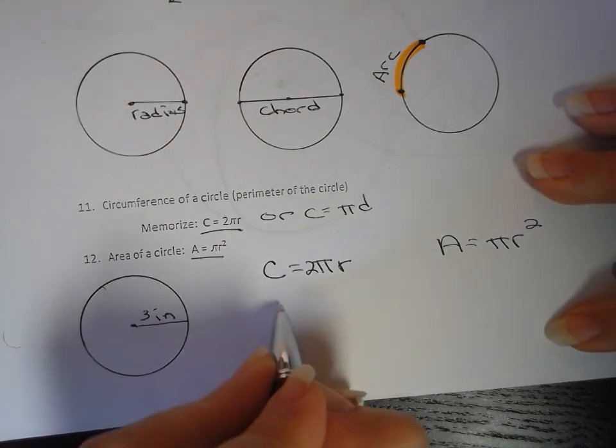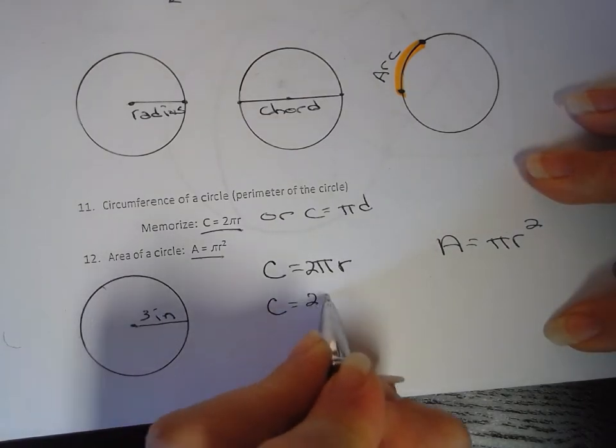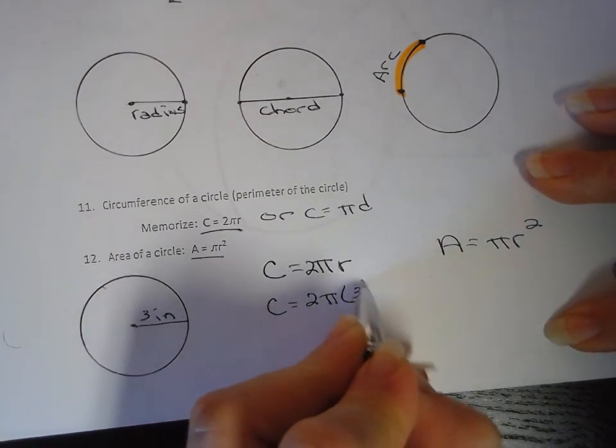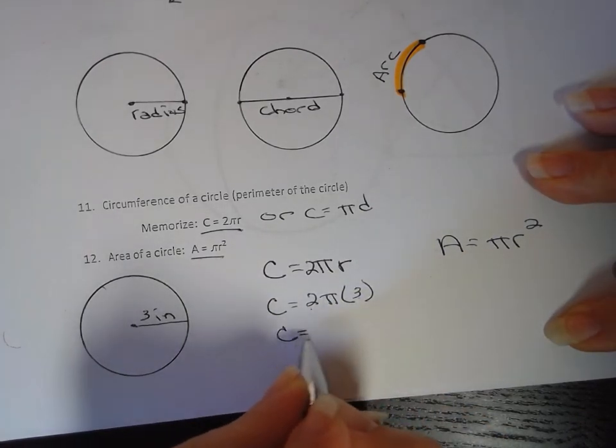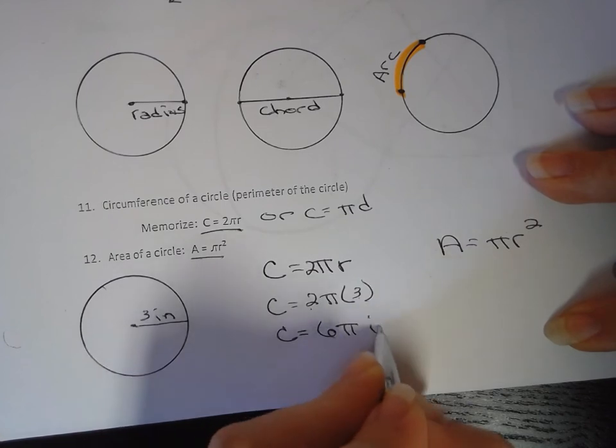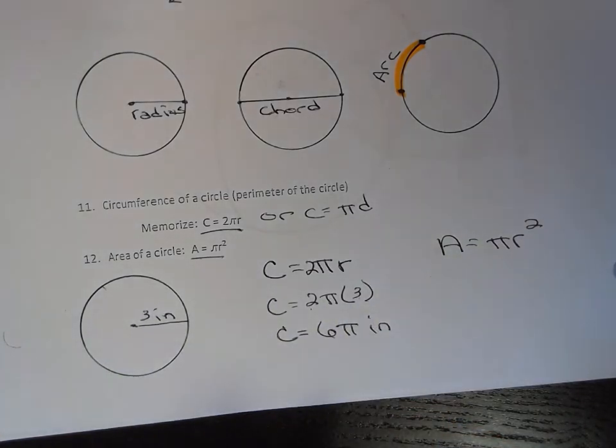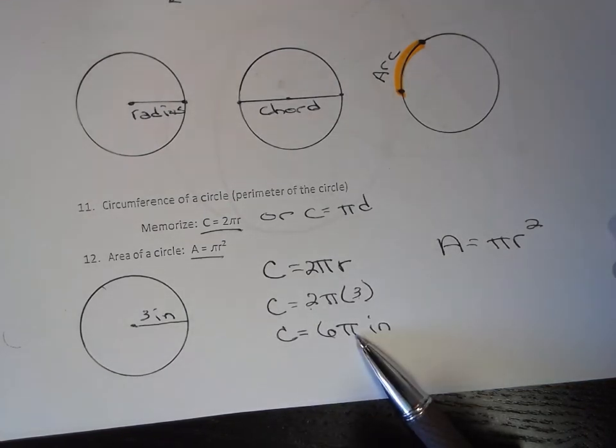So C equals 2 pi radius. Well, 2 times 3 is what? 6. So 6 pi inches. Stop there. This is what we call our exact answer. As soon as you pop that pi into a calculator, you are not exact anymore, you are estimating. So if it says exact answer, pi better be in there.